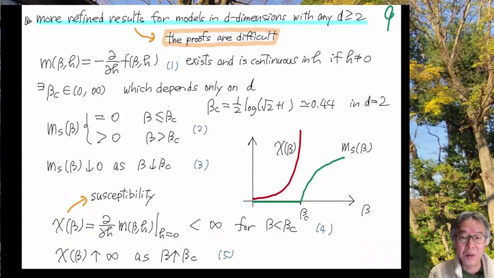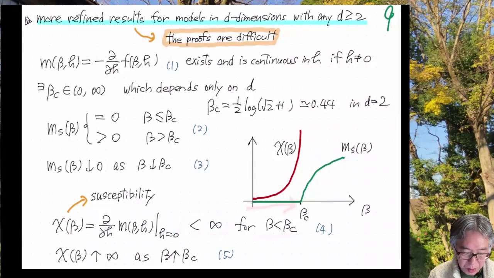It's 0 when there's no magnetic field, but if you apply a small magnetic field, you get some small magnetization. So this derivative tells you how easy it is to magnetize this system. Okay. And that's called susceptibility, and you can measure this experimentally by applying a small magnetic field to your magnet.